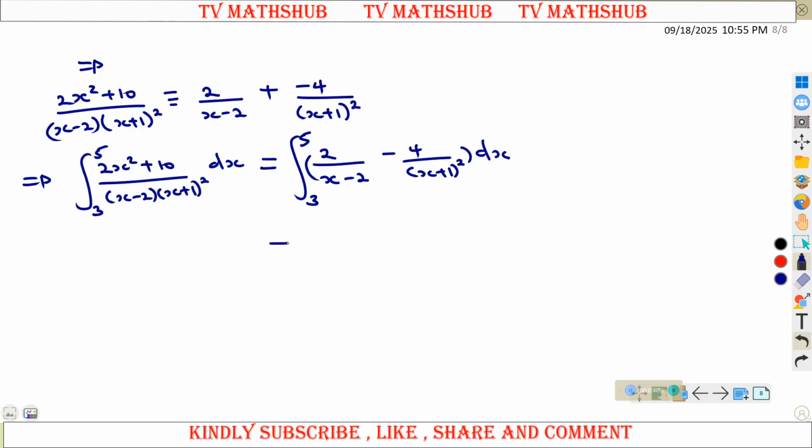So we need to integrate this. When you integrate this, this will give you 2 ln of x minus 2 minus 4, you are integrating x plus 1 to the power negative 2. So increase the power, divide by the new power, it will give us negative 1 times x plus 1 to the power negative 1.